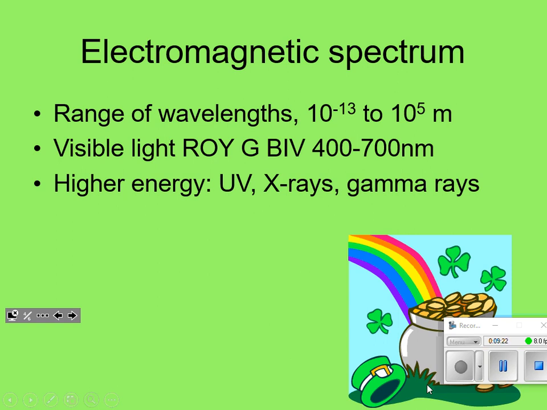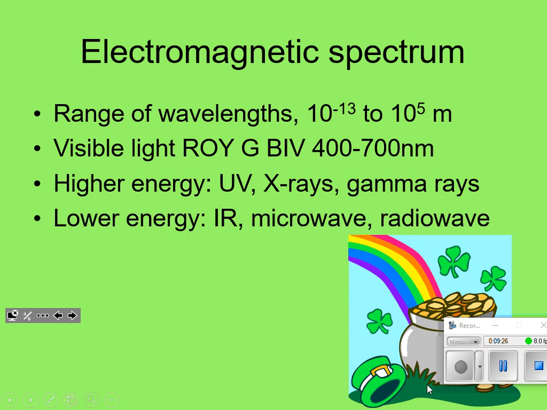There are also forms of light that are lower energy than visible light. IR is infrared. You ever hear of people putting on infrared goggles so they can see the heat given off by people in the middle of the night when they're out doing whatever? Infrared is a wave of light. Microwaves. We will go over how a microwave warms up food. It's due to the waves of light these microwaves give off. Radio waves.